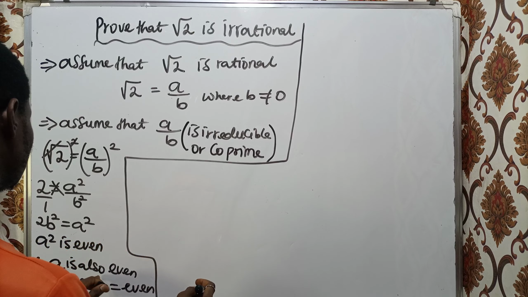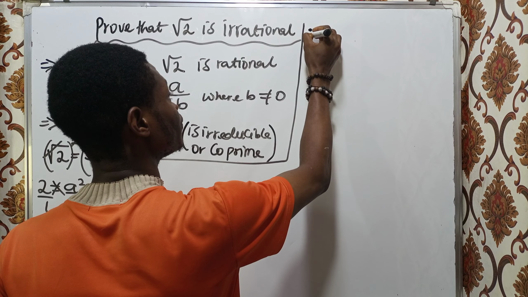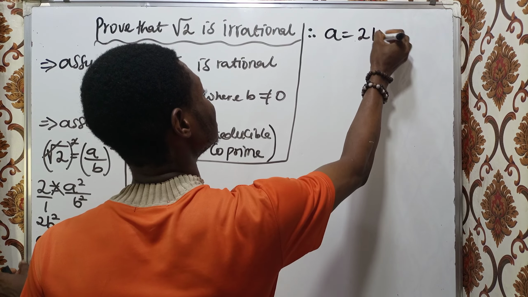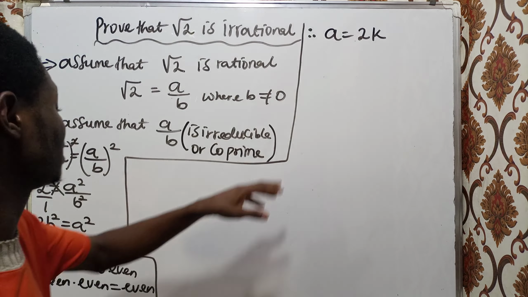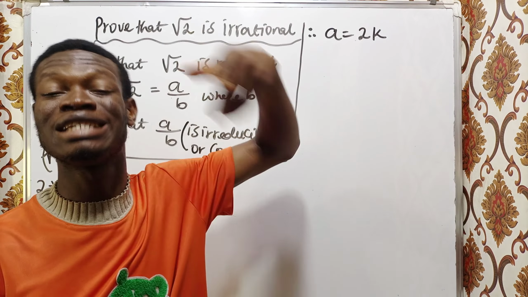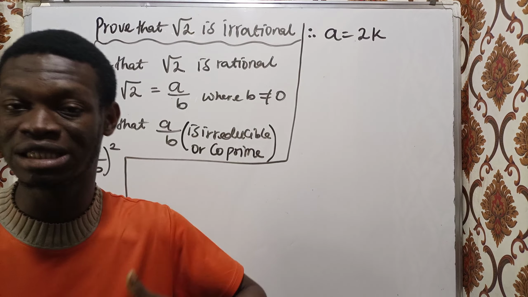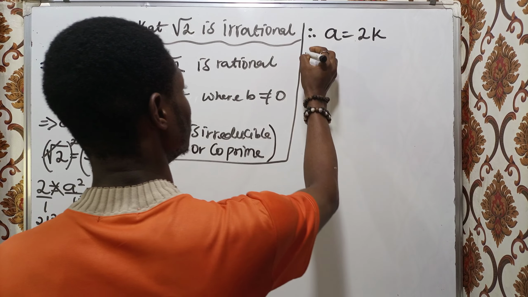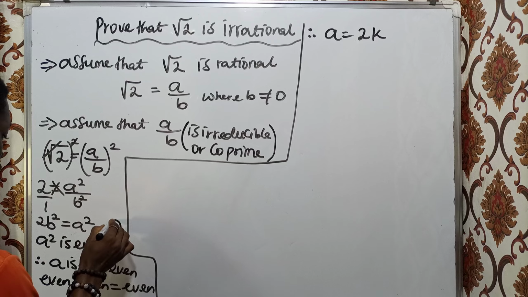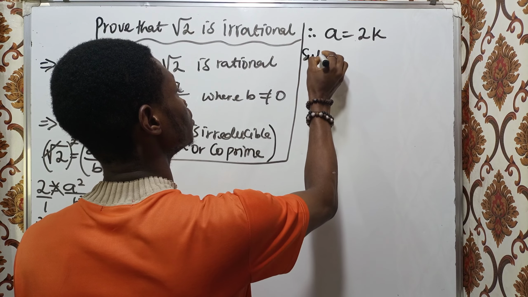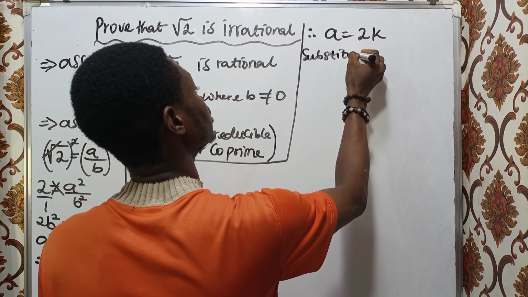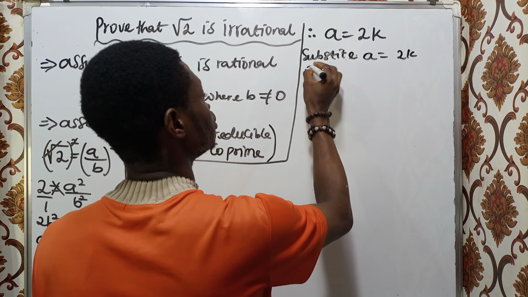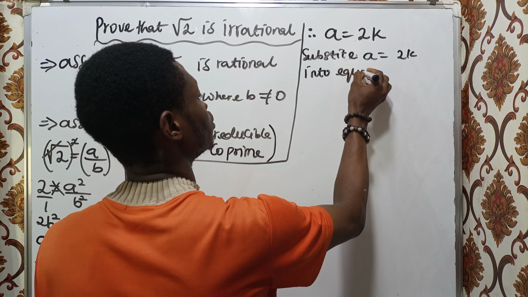So since a is even, we can say that a is equal to 2 times a certain integer value k. Since a is even, 2 times a certain integer, be it 1, 2 or 3, will still give us an even number. You can call this equation 1.